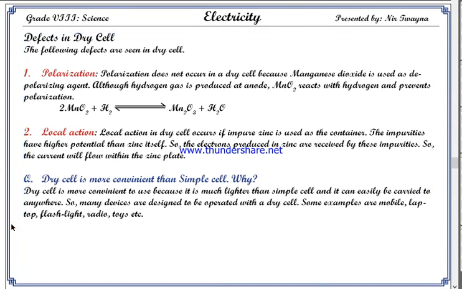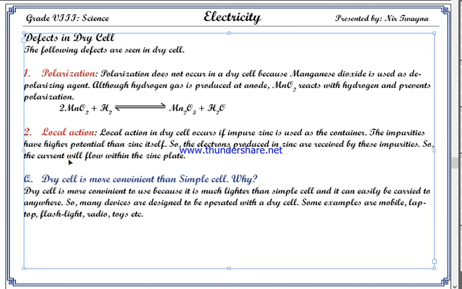There are different qualities of batteries. Some batteries are expensive, some batteries are cheap. Cheap batteries are of low quality. Why? Because they finish off soon, while expensive batteries last longer. Why does this happen?